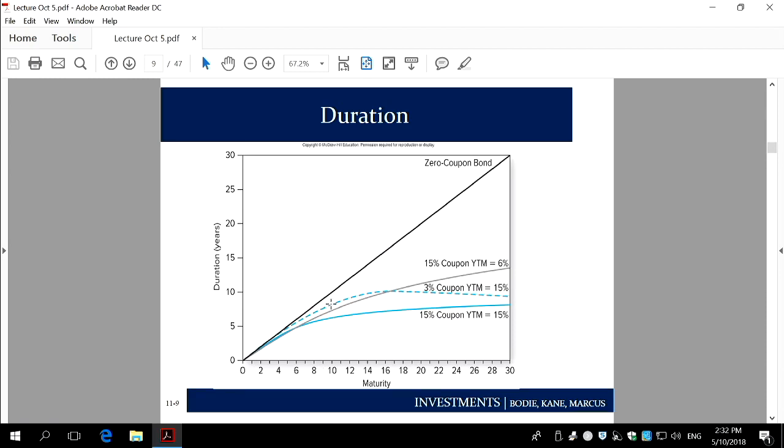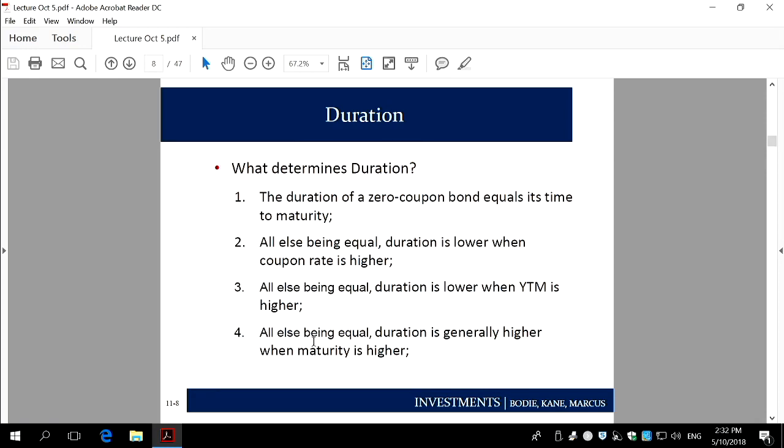For example, the dotted blue curve for the 3% coupon, yield to maturity 15%. Initially it's an increasing function, but eventually it goes down a little bit. So in this case, it's not necessarily so. But generally it's right to say duration is higher when maturity is higher. So this is not 100% correct.